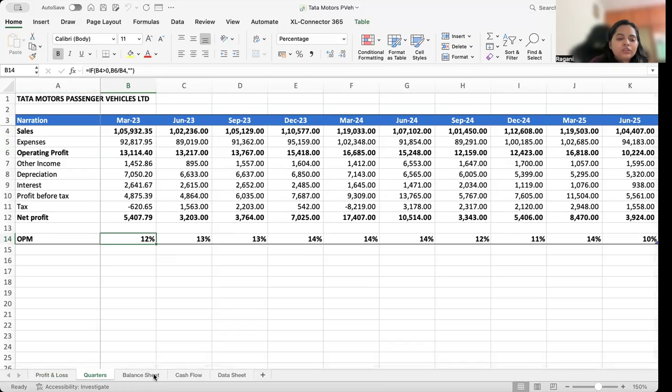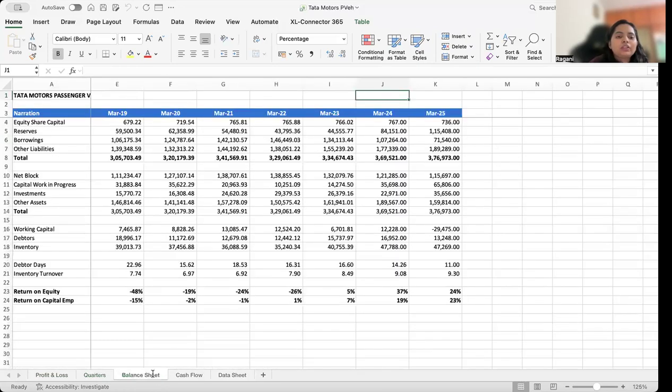Then I moved to the balance sheets. In balance sheets, we took data from the data sheets. First is the equity share capital data, then reserves.